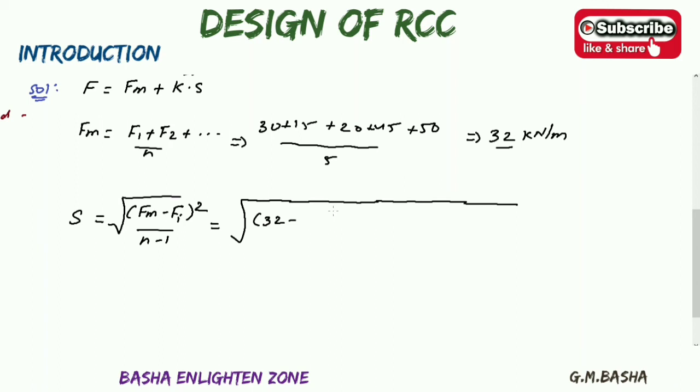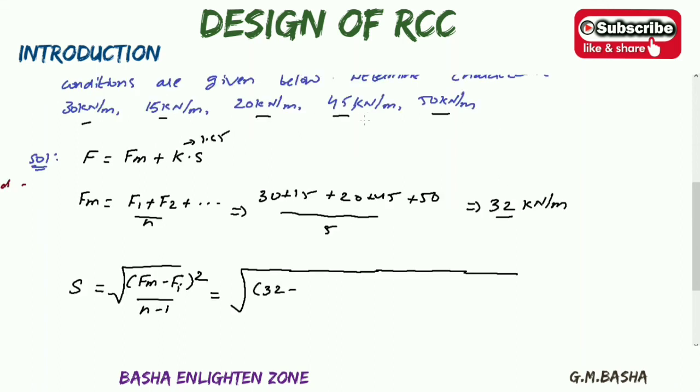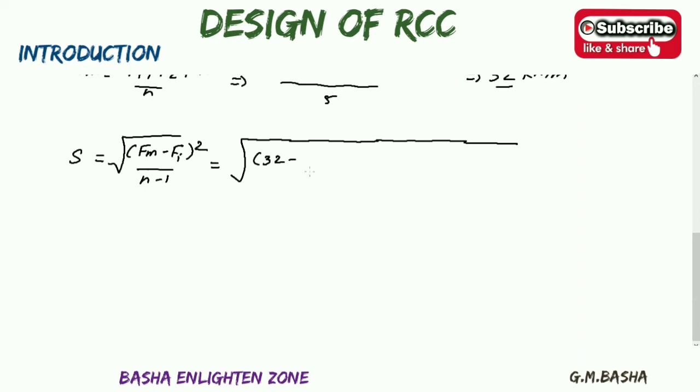So what are the values given in the question? 30, 15, all the things I am simplifying here. So sum of the Fm minus Fi whole square means 32 minus 30 whole square, plus 32 minus 15 whole square, plus 32 minus 20 whole square, like that the remaining two numbers, 32 minus 45 whole square plus 32 minus 50 whole square, divided by 5 minus 1.